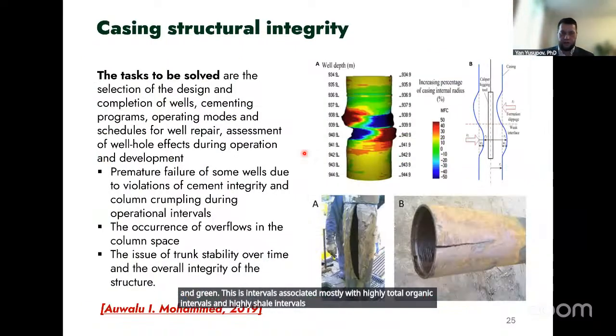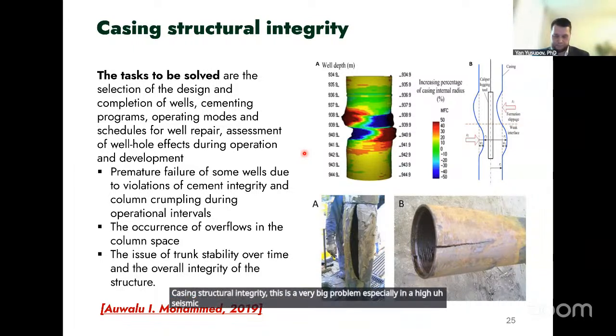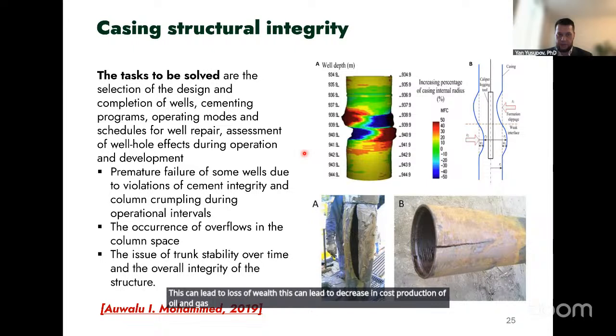Casing structural integrity is a very big problem, especially in high seismic regions. It can lead to loss of the well and to decreased production of oil and gas, and we need a decision to solve this problem.